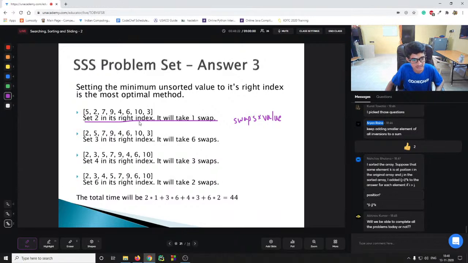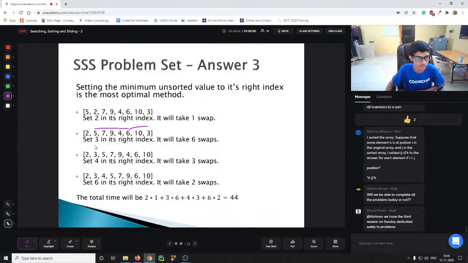Then set 3 in its right index. Let me just clear this. Okay. So 3 in its right index will be one swap, two swaps, three swaps, four swaps, five swaps, and six swaps. So it will take six swaps to bring 3 to index 1. This is index 0 and this is index 1. So this takes six swaps.